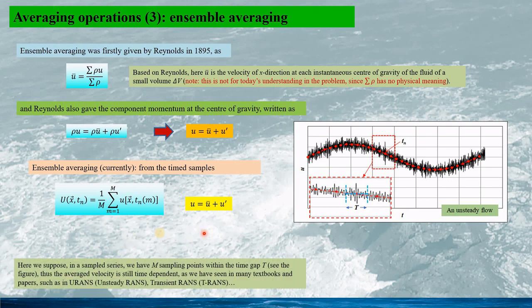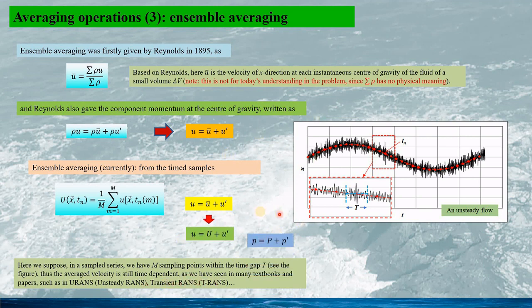So here, we suppose in a sampled system, we have m sampled points within the time period. Thus, the average velocity is still time dependent, as we have seen in many textbooks and papers, such as U-RANS, unsteady RANS, T-RANS, transient RANS.